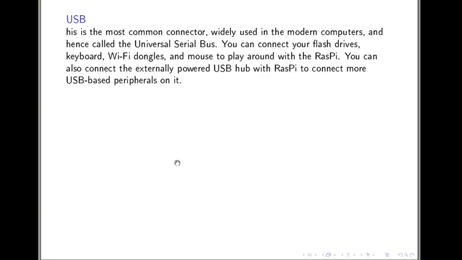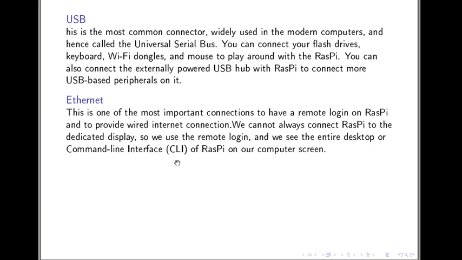USB is the most common connector. We know what USB does. Through USB, we can also connect Wi-Fi dongles. You can also connect an externally powered USB hub to the Raspberry Pi. Ethernet connections are one of the most important connections to have remote login on the Raspberry Pi, and provide wired internet connections.